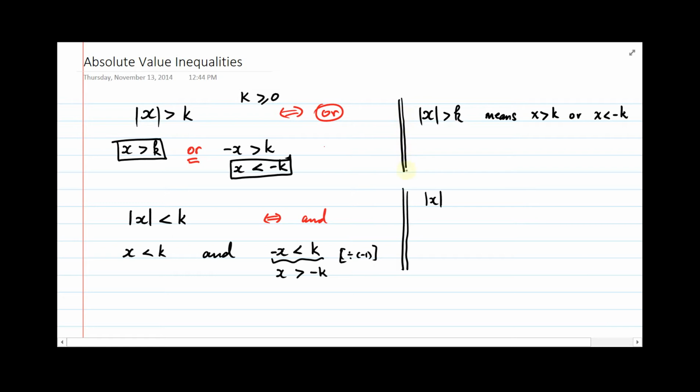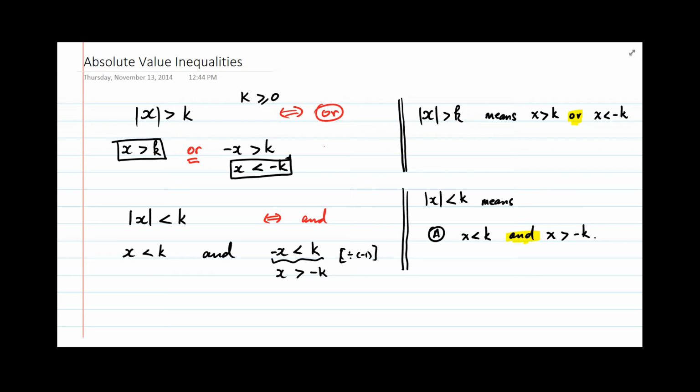When the absolute value of x is less than k, it means, and there are going to be two meanings, the first meaning is here x is less than k and x is greater than negative k. You don't have to remember anything much, just these words. Is it an or or is it an and, particularly if you're deciding to work with the less than sign, or less than or equal to.